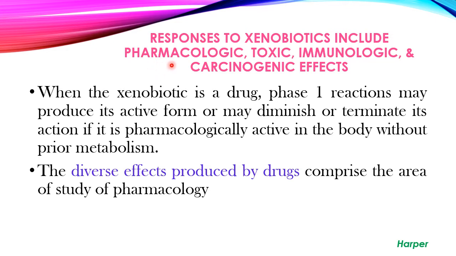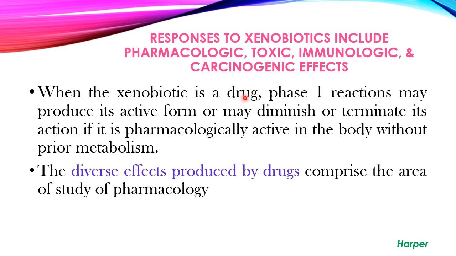First, we are going to see pharmacological responses which are associated with xenobiotics. If a xenobiotic is a drug, then it is mostly available in its prodrug form, that is, its inactive form.